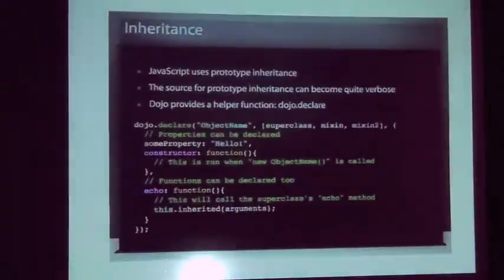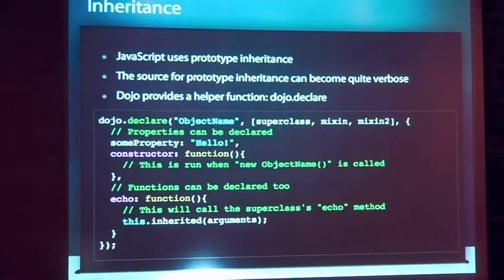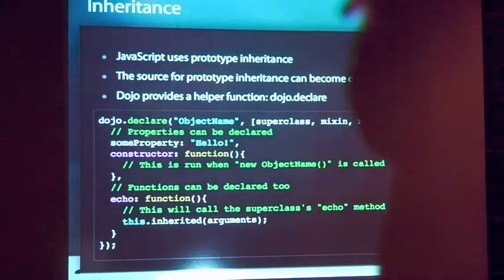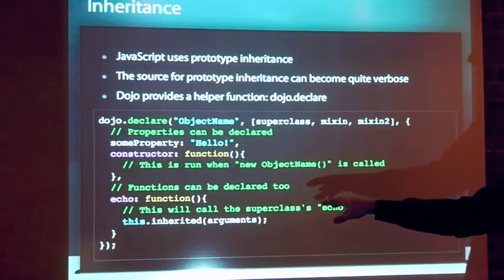All right, let's finish this up real quick, just lastly with this idea of inheritance. Of course, JavaScript itself uses prototype inheritance, which can get kind of messy and verbose. So Dojo has a helper method for this called dojo.declare, and it works pretty easily.